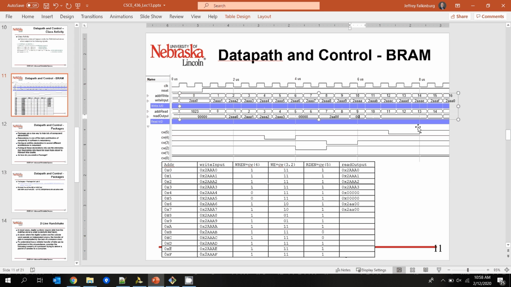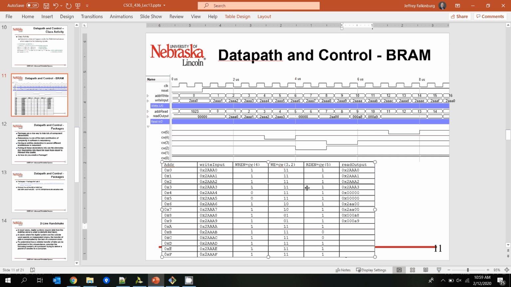So 3 zeros, A8, and 000A9. And then we're going to read those same values because we'll read enable 0x000A8, and A9 for the 18 bits.